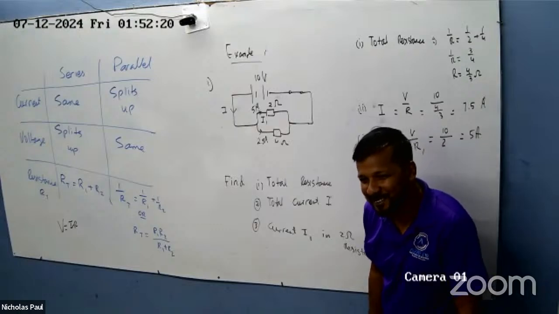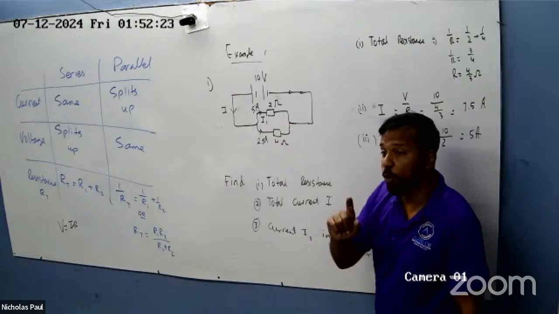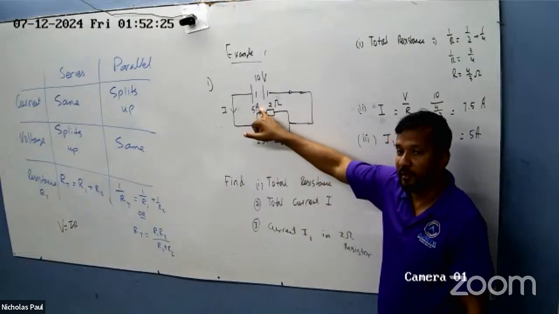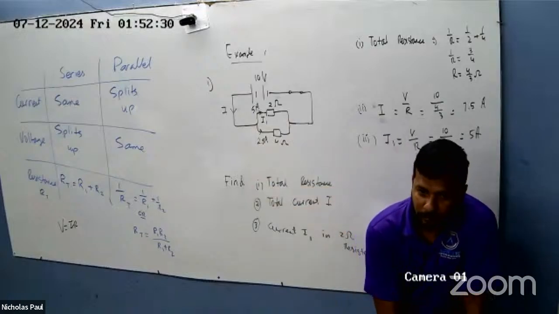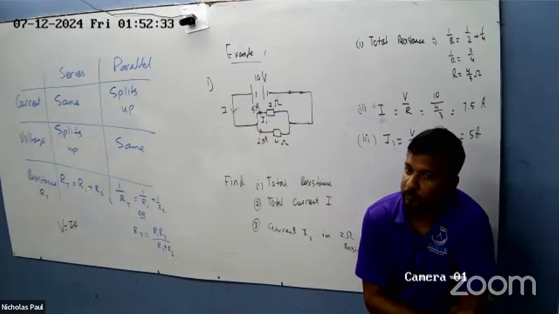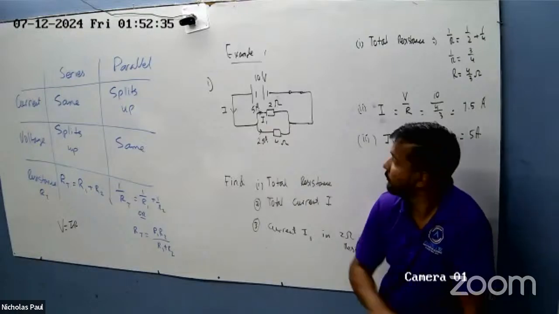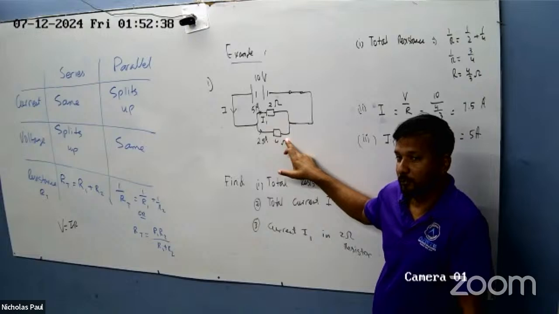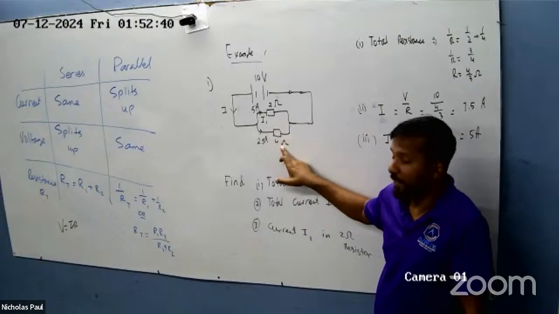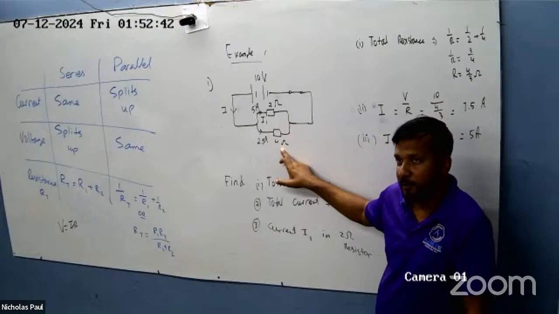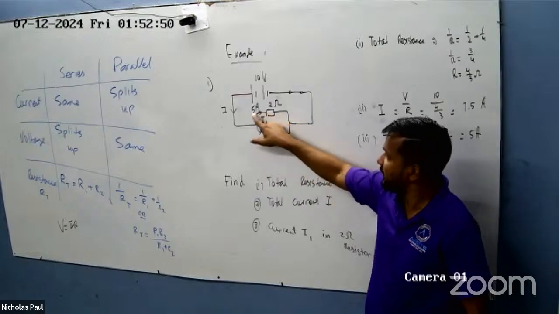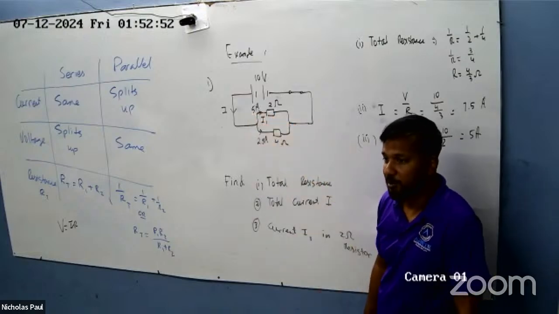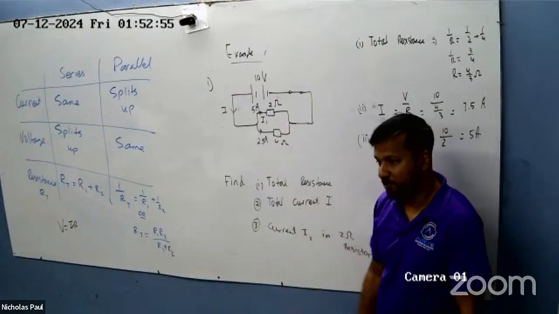The higher the resistance, the smaller the current. So the high resistor, small current. Small resistor, high current. Y'all seen that? So you kind of know where your value is correct as well.